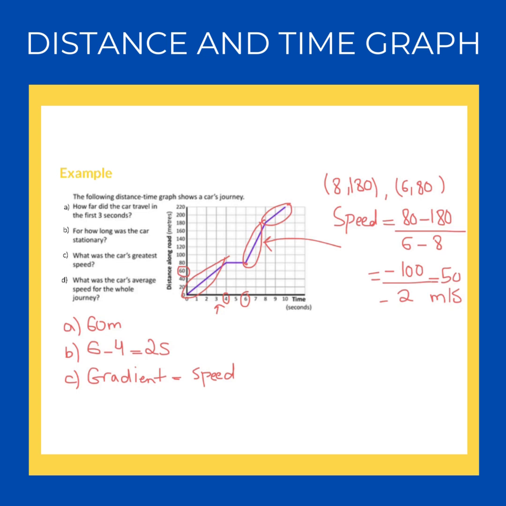Now, in part D, it says what was the car's average speed for the whole journey. Average speed means the total distance over the total time. So the car traveled first 80 meters, then from 80 to 180 it's 100 meters, then from 180 to 220 it's 40 meters.